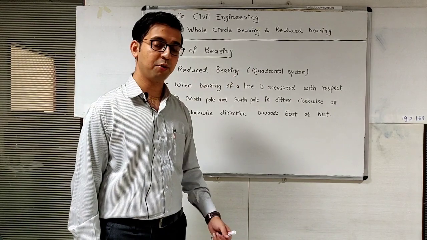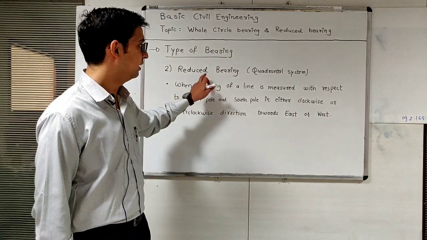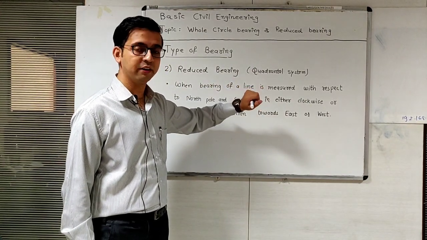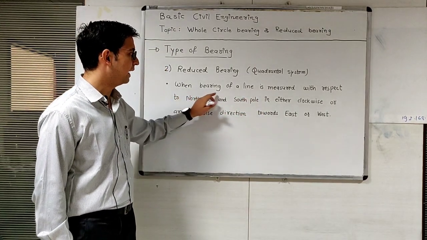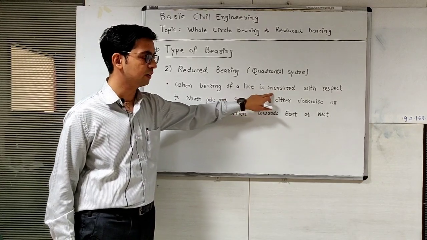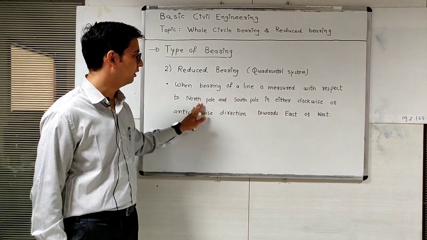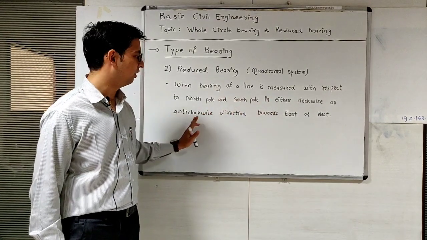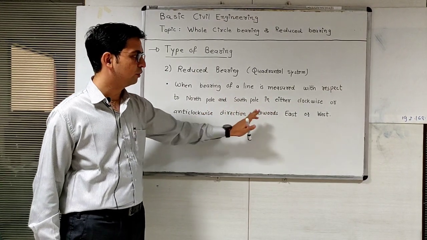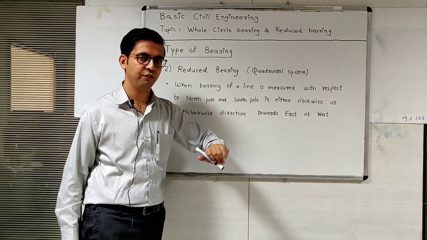Now the second type of bearing is reduced bearing, also called the quadrantal system. Definition of reduced bearing: when the bearing of a line is measured with respect to north pole and south pole either in clockwise direction or anti-clockwise direction towards east or west.